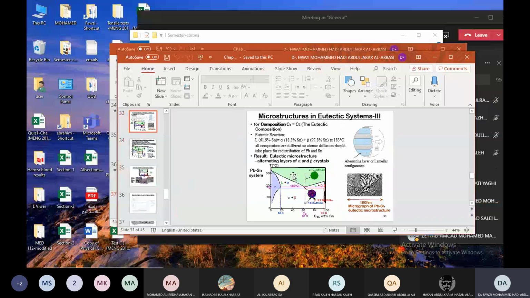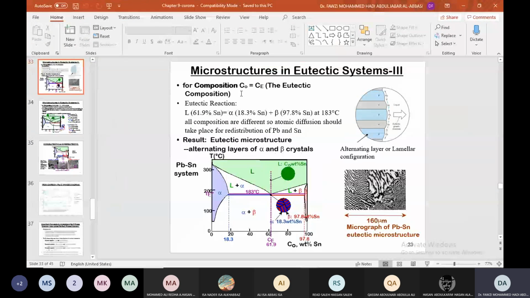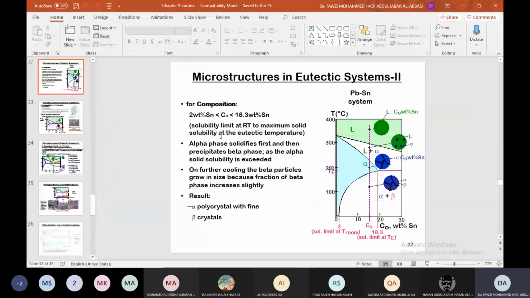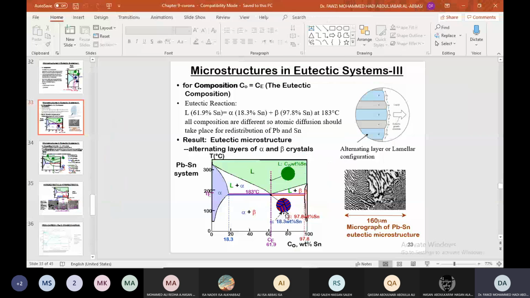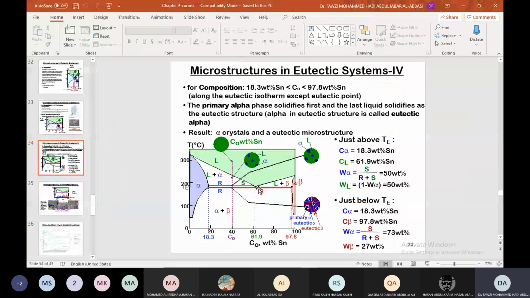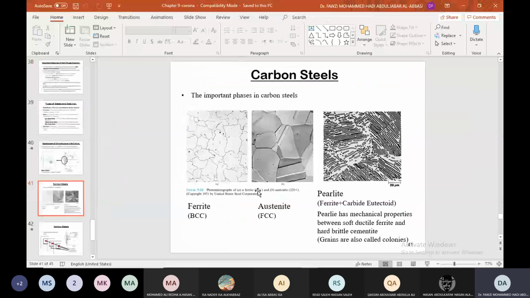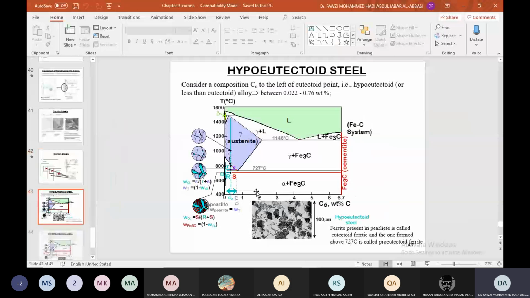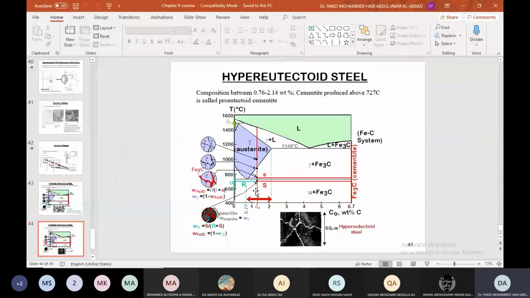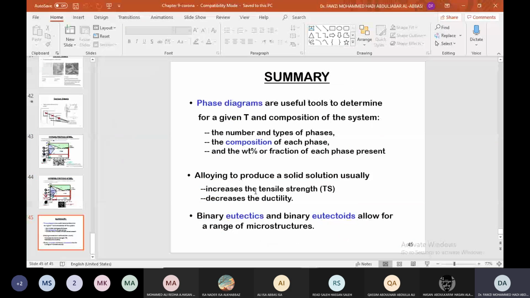Well, the lamellar configuration, we explained it here, if you remember, for this case where we dealt with the eutectic microstructure, right? In this case, we explained it, and we explained it another time when we dealt with the iron carbon phase diagram as well. Where is that?